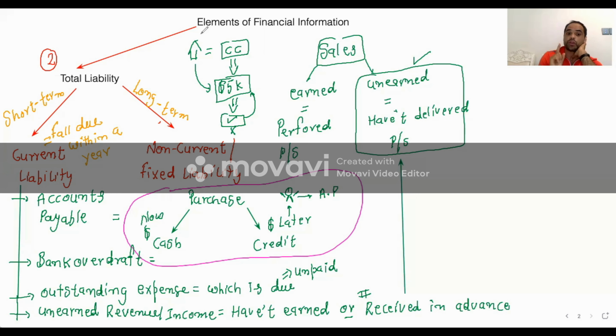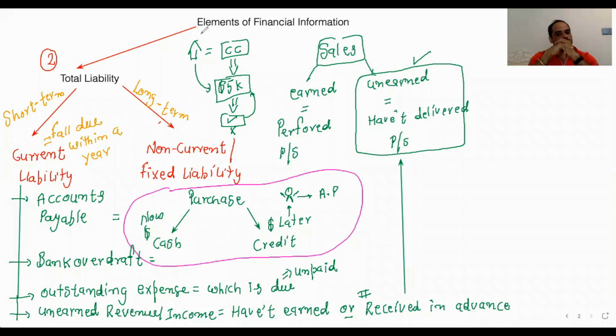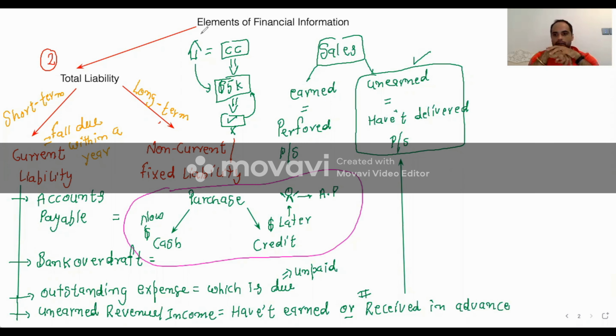So make sure you understand it. So that's all about your current liability. Now, current liabilities are finished. Now let's move on to the non-current liability.